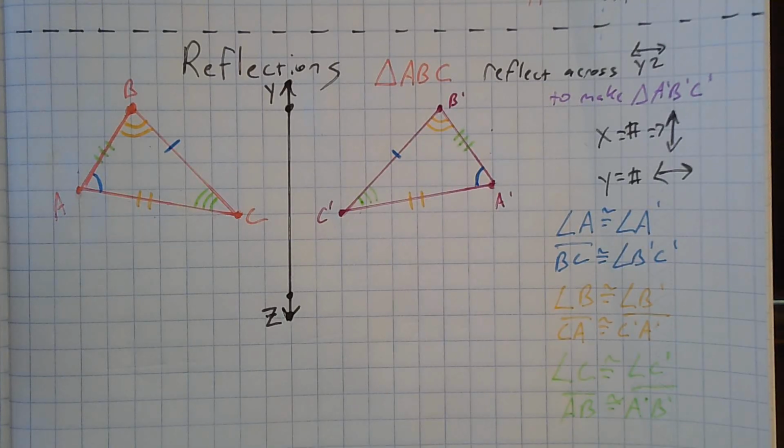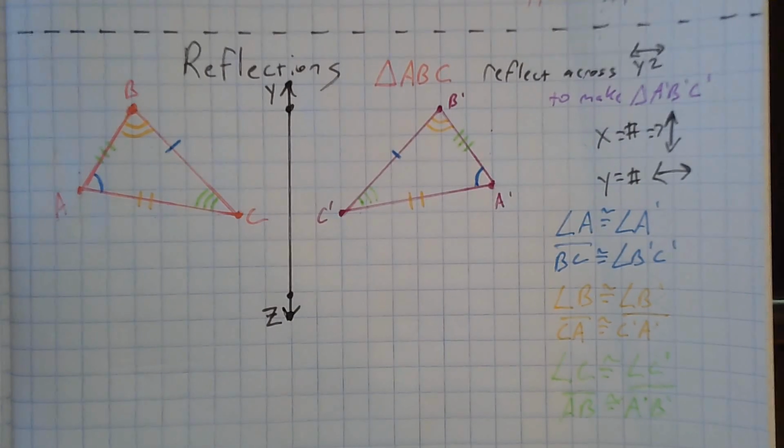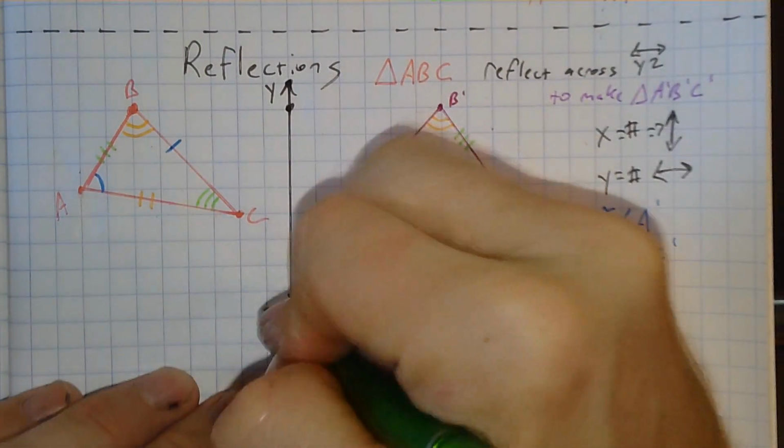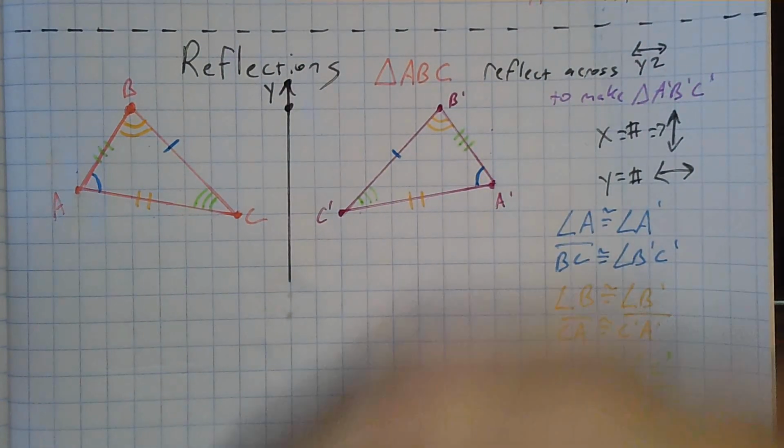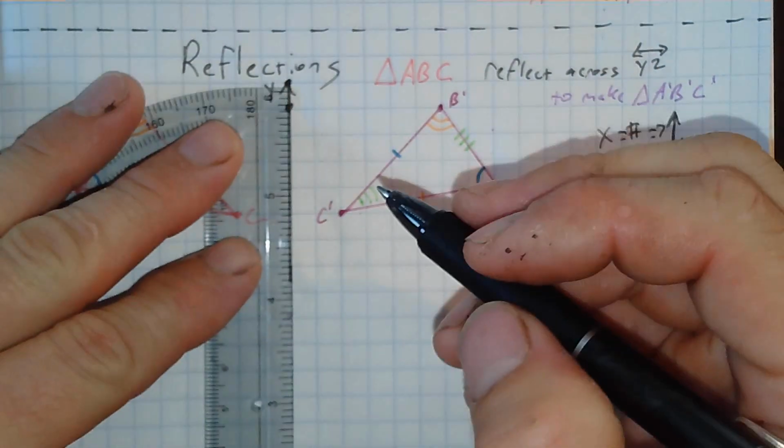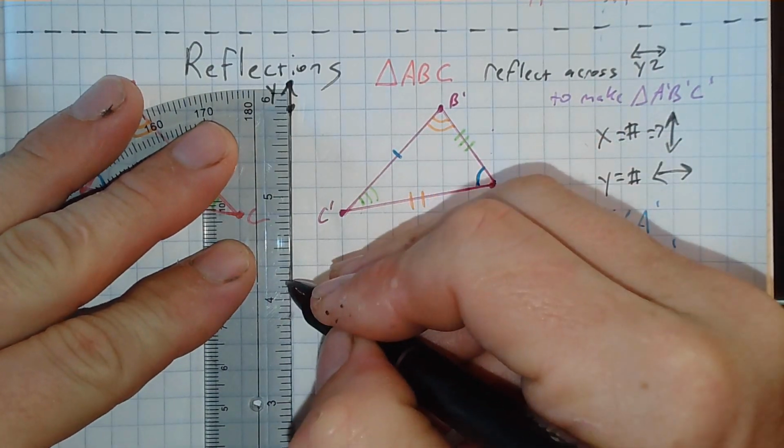Now, if I were to reflect this one across that way, I guess I could do that. I'm only a couple minutes in. Let me extend line Z to give myself some more room. Let's reflect.